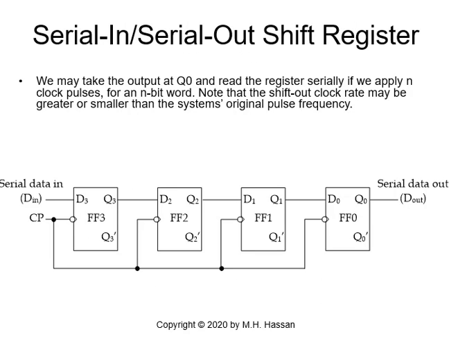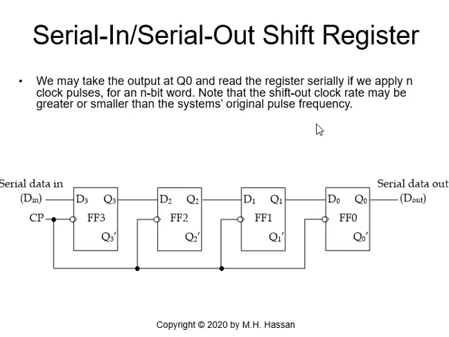Now, the serial in, serial out register. We may take the output at Q0 and read the register serially if we apply n clock pulses for an n-bit word. Note that the shift out clock rate may be greater or smaller than the system original pulse frequency.